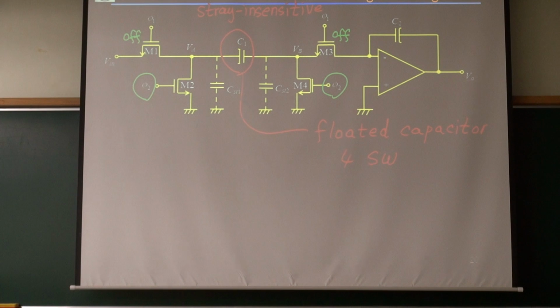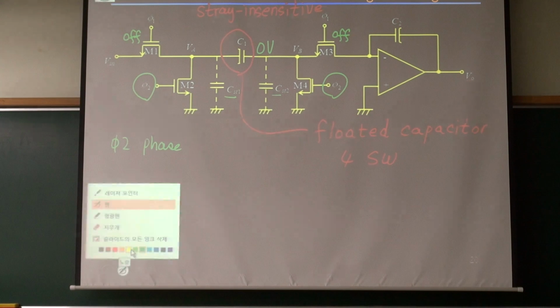So you know C1 and those C stray, they are all discharged to 0 during pi2 phase. Yeah, all 3 capacitors are discharged to 0. It means all the charges on those capacitors are set to 0. Okay? Yeah, during pi1 phase, what happens?